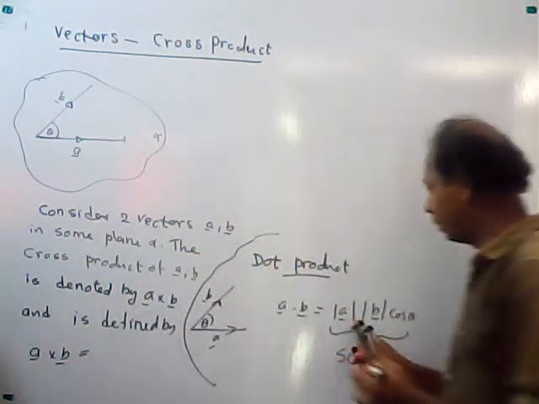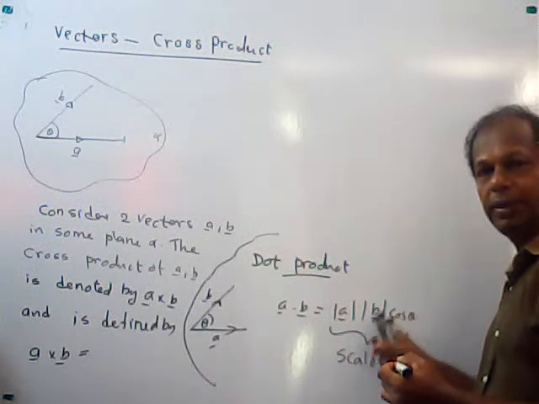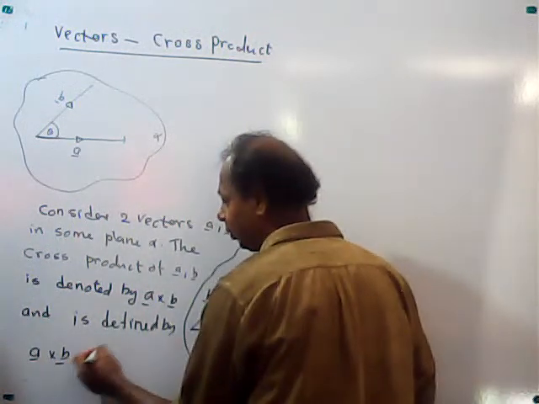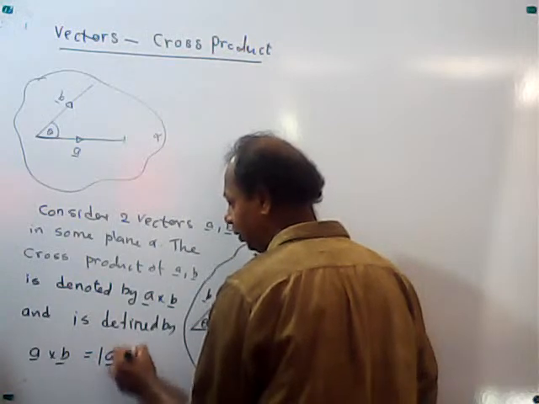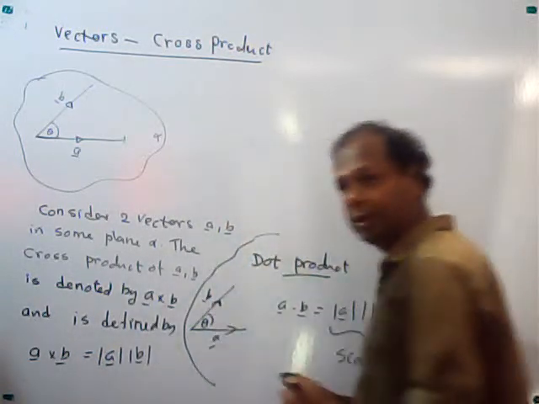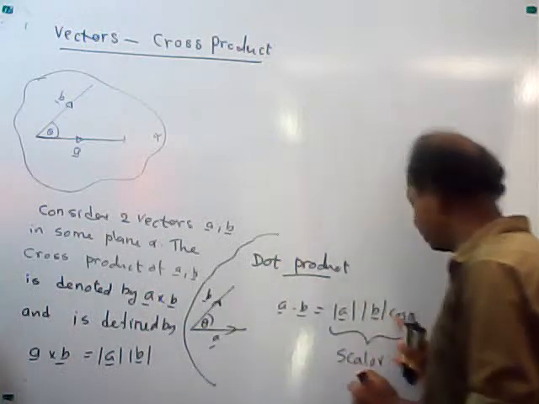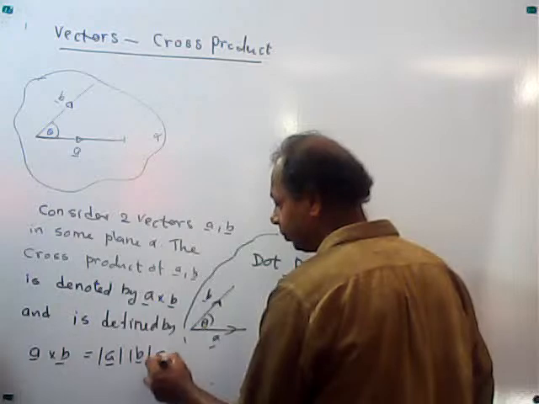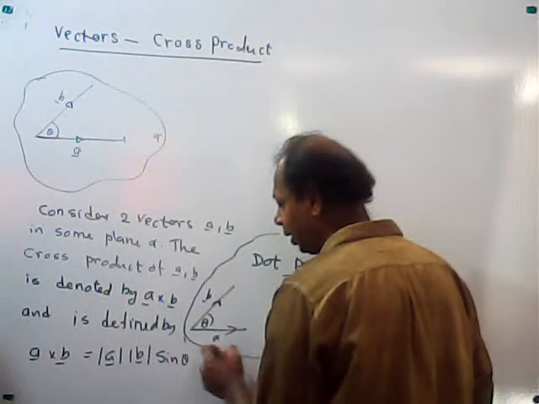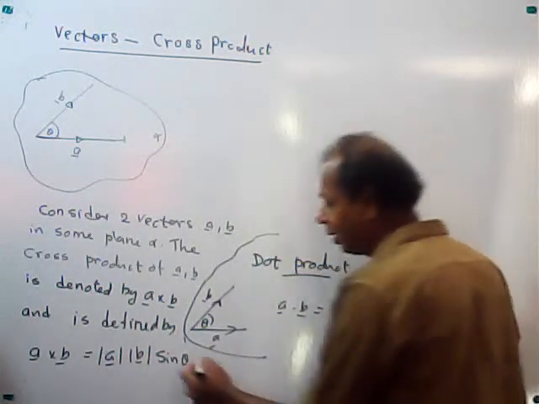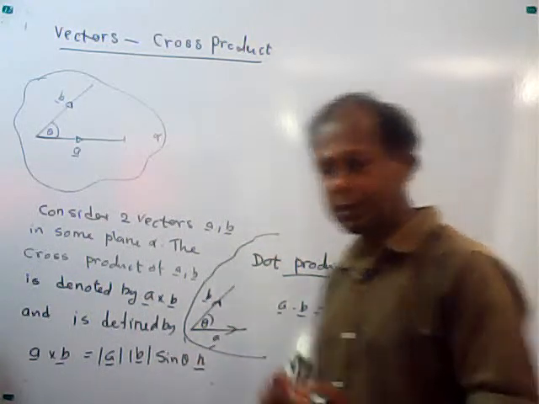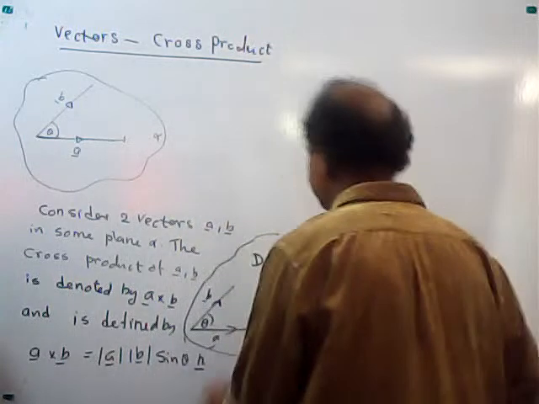For the dot product, it is mod of A mod of B cos theta. For the cross product, it is mod of A mod of B, but instead of cos theta, it is sin theta, and in addition to this, there is some unit vector n. So we will explain it. What is this n?